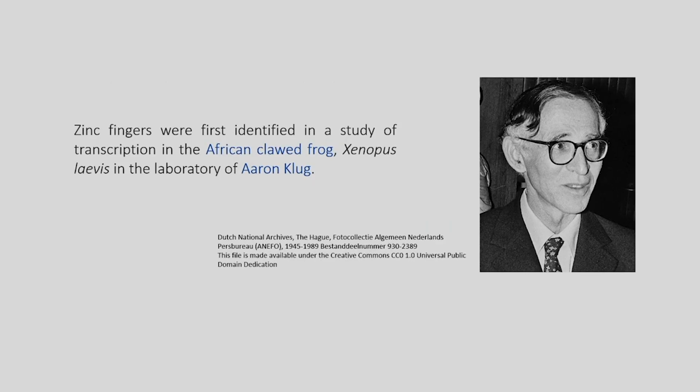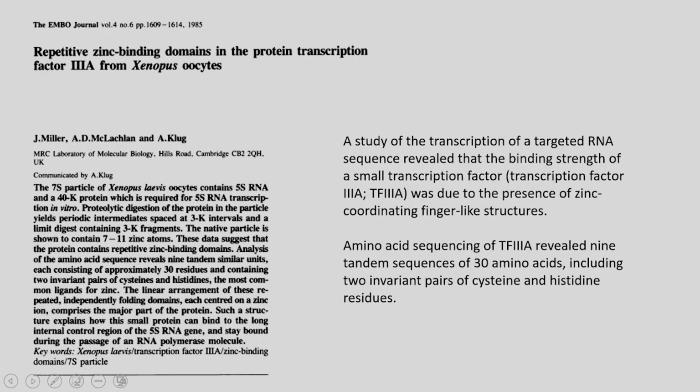These zinc fingers were first identified in a study of transcription in the African clawed frog Xenopus laevis, as already told to you earlier, in the laboratory of Aaron Klug. And this is the landmark paper Aaron Klug and his co-workers Miller and McLachlan published in the EMBO journal in 1985.